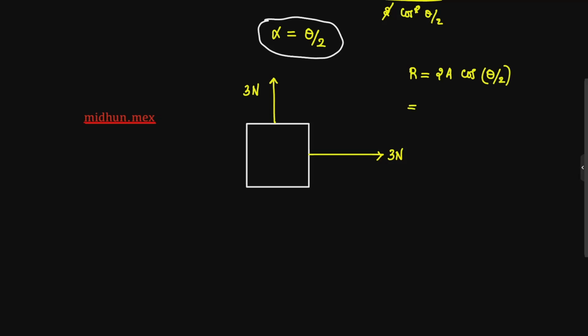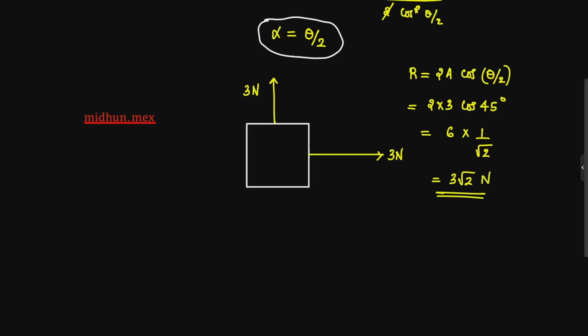If I am putting 2, a is 3 here, cos theta by 2. Total angle between them is now 90 degree. Half of 90 will become 45 degree. And I can directly put 6 into 1 by root 2, your answer will come as 3 root 2 Newton.